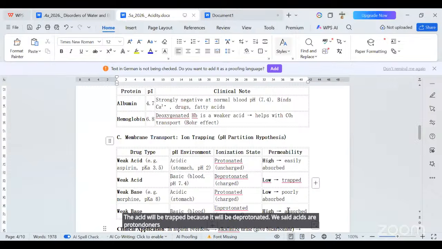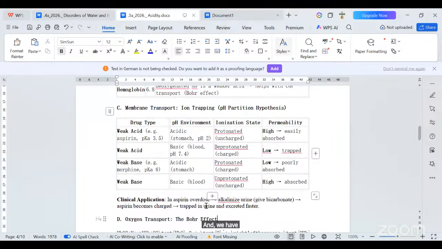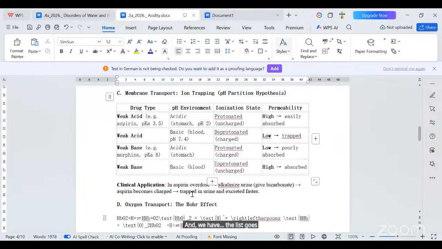That was how we started the class. Acid donates protons. So the clinical application is that if there is an overdose, take for example, aspirin, it will be alkalized in the urine and excreted faster.